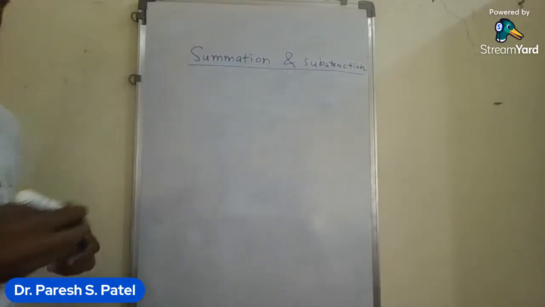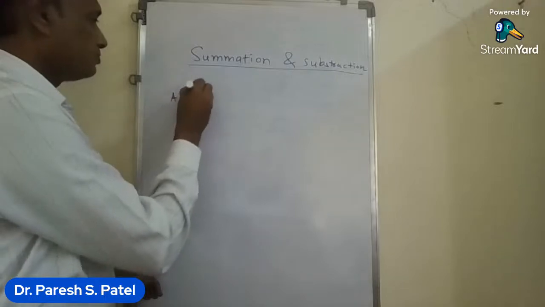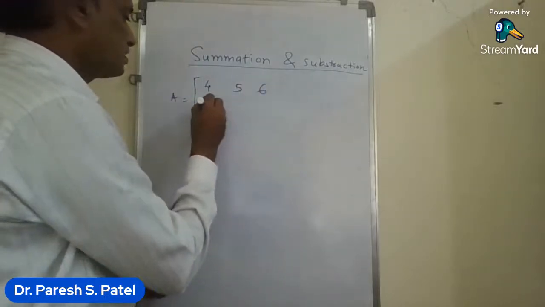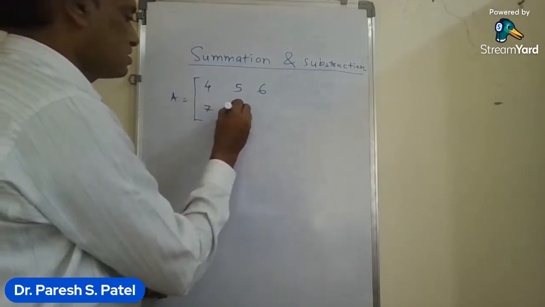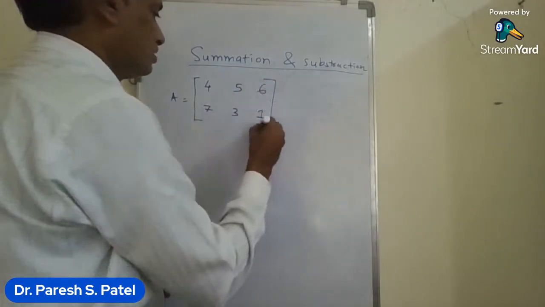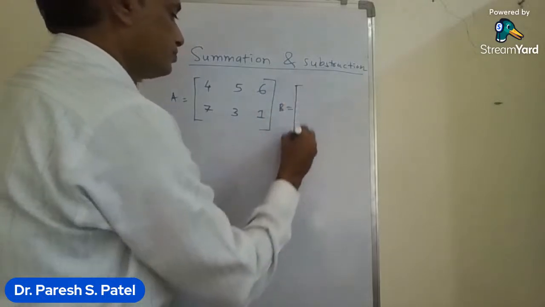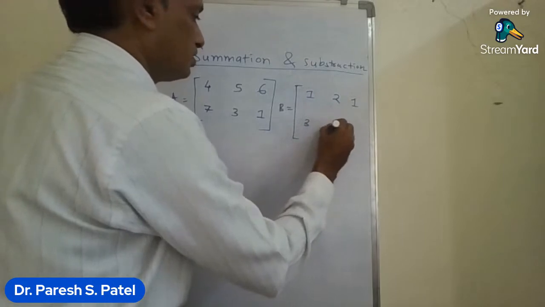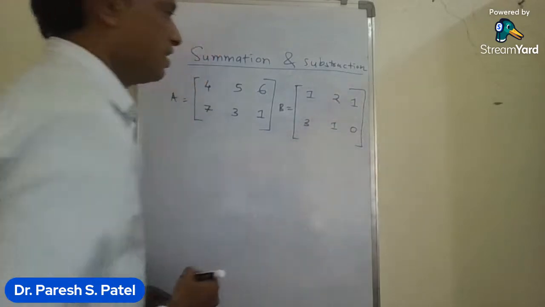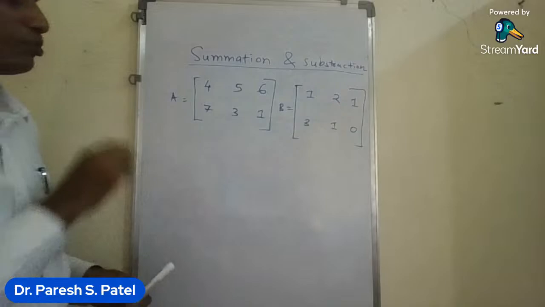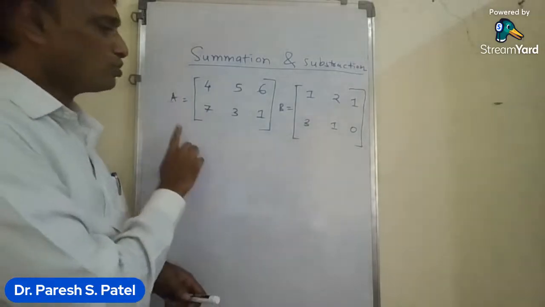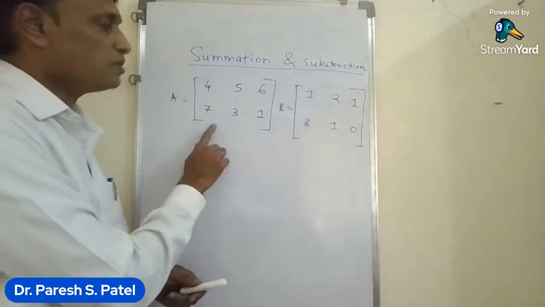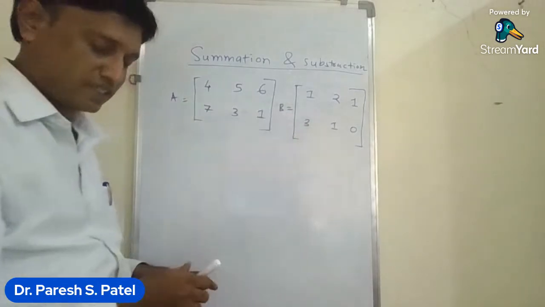For example, A is equal to 4, 5, 6, 7, 3, 1. B is equal to 1, 2, 1, 3, 1, 0. Now in both these cases, the dimensions of the matrices are the same. This is a 2 by 3 matrix. This is also a 2 by 3 matrix.